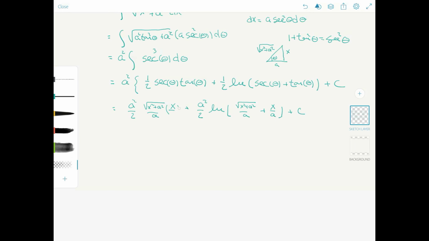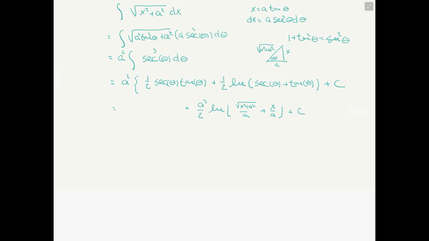And in the end, we have to cancel out the a squared. So we have x over 2 square root of x squared plus a squared. And that's our solution for this problem.